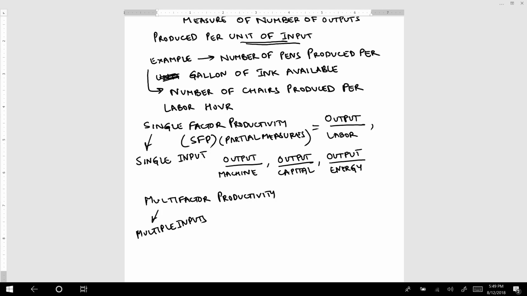I will represent multi-factor productivity as MFP. So we are using multiple inputs. The formula would be output divided by, if we have labor as input, labor plus machine.